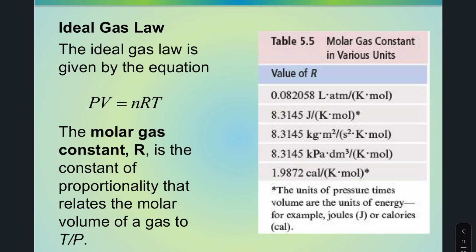Okay, so let's talk about the ideal gas law. I have this slide in here twice to remind you of what the different things are, but this is only a few of the possible values of R that we can use. This is the ideal gas law right here: PV equals nRT.